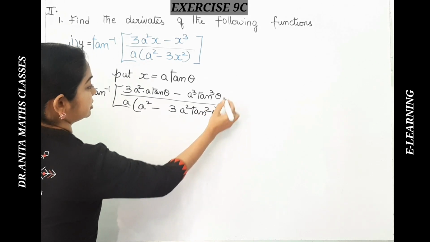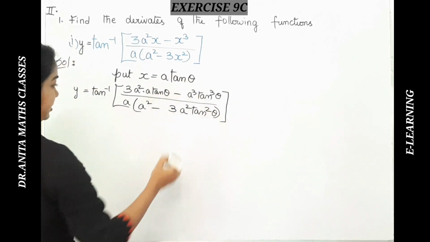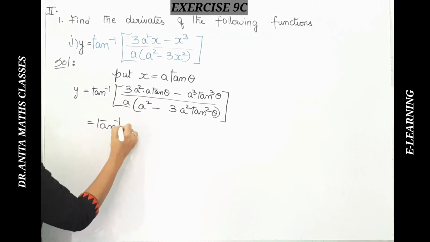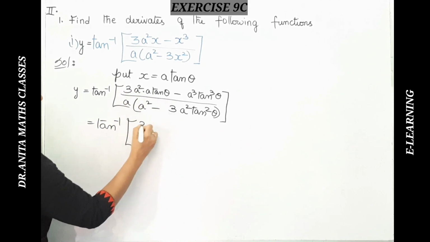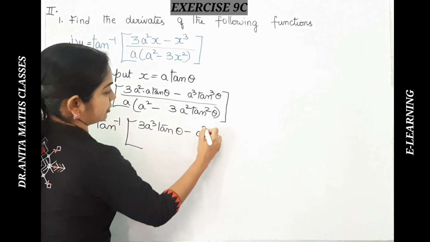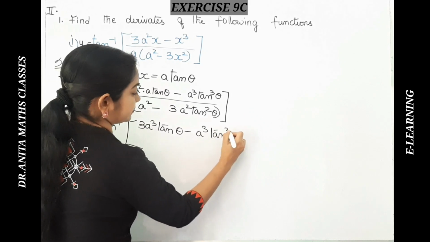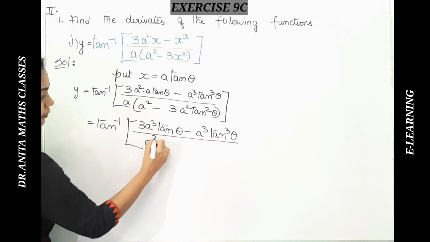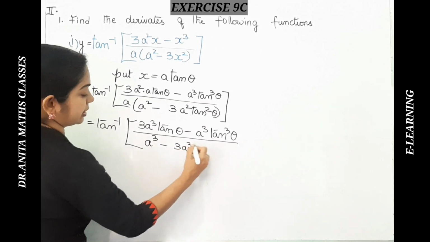I have substituted the value of x. Now we will simplify it. So this comes to 3a cube tan theta minus a cube tan cube theta, divided by, we will open the bracket, a cube minus 3a cube tan square theta.